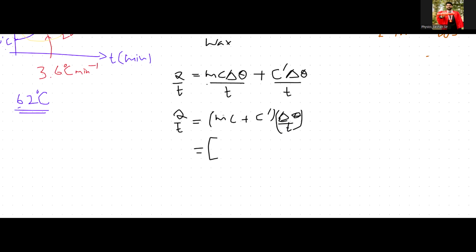So 0.1 into C, which is 1800, plus C dash, the heat capacity, which is 60.